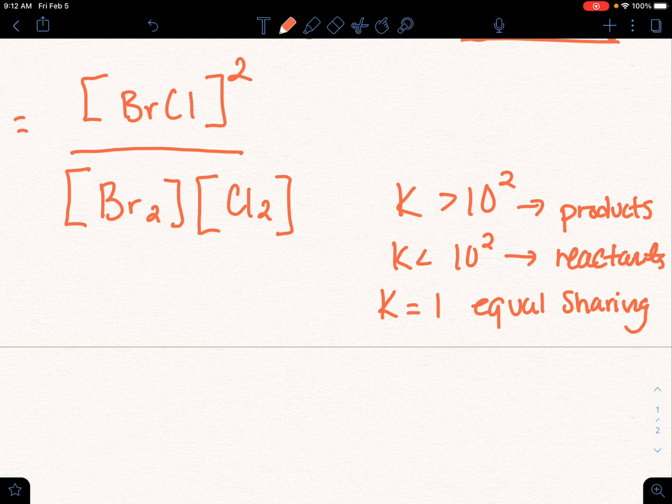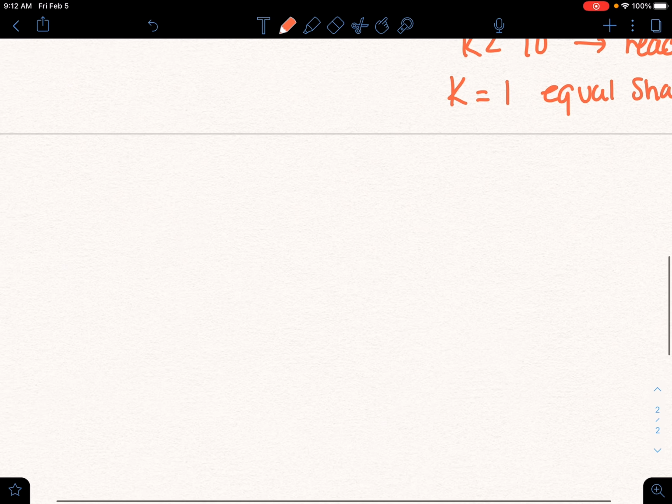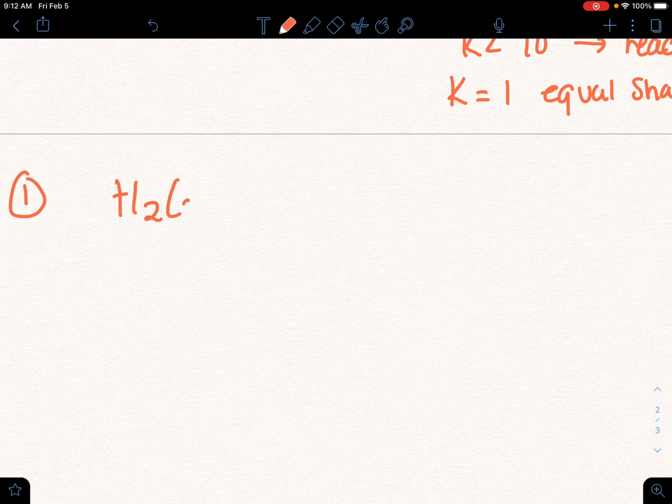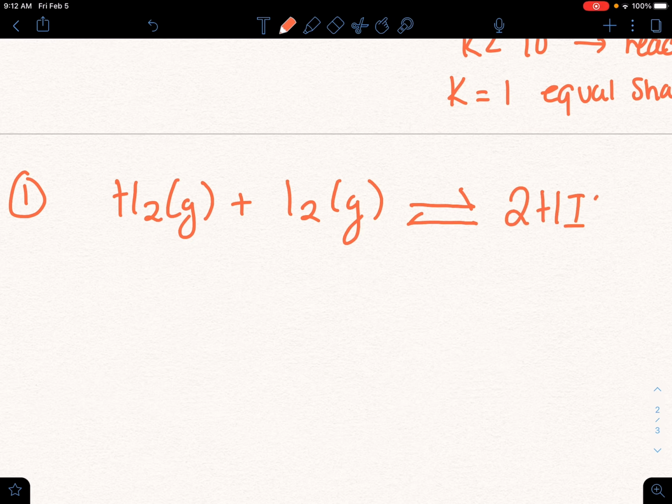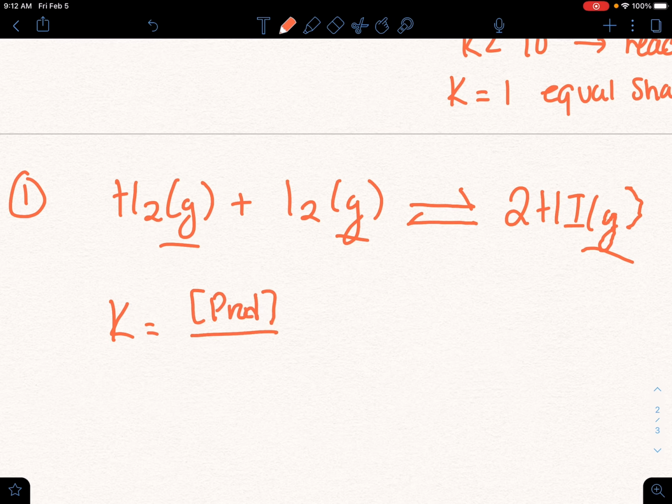So let's do a quick example of doing K. Example 1, let's say we have H2 gas plus iodine gas in equilibrium with 2HI gas. Let's check that everything is gas or liquid or aqueous, so that's good. So we can do our K equals products over reactants raised to their stoichiometric ratios.